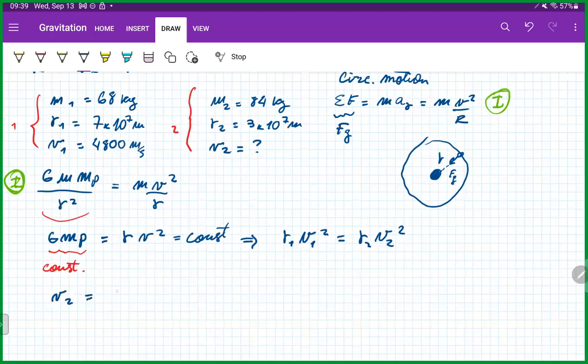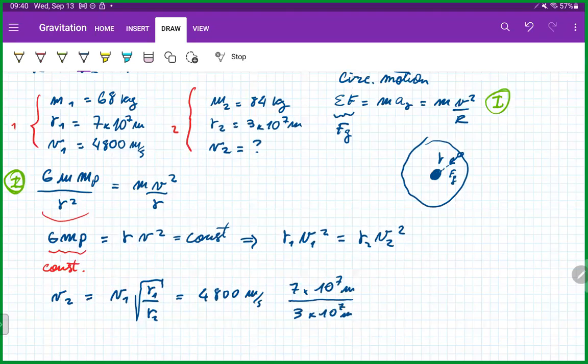V2 is equal to the square root of V1 squared times R1 divided by R2, and that's for 4,800 meters per second, 1.7 × 10⁷ meters divided by 3 × 10⁷ meters.